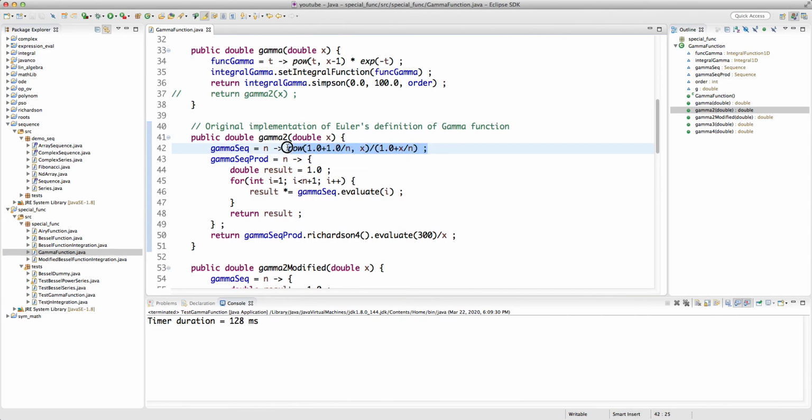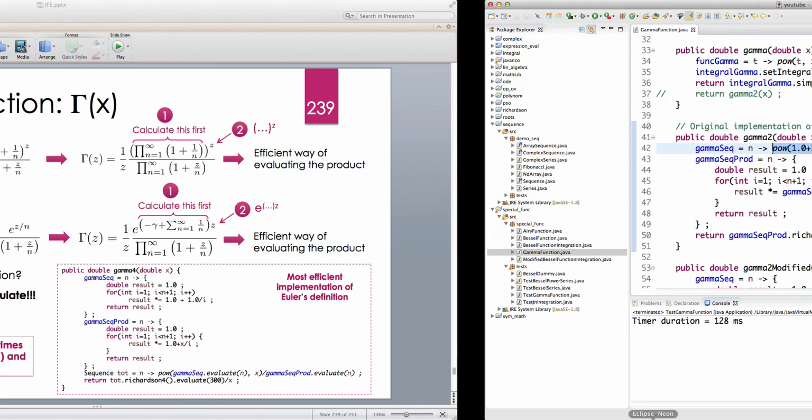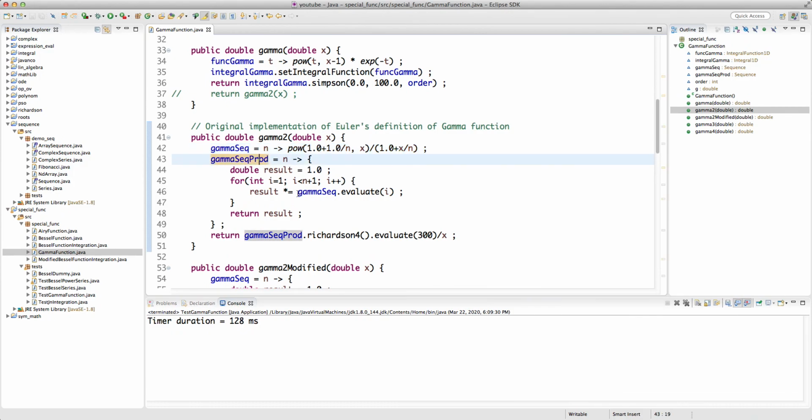That's what we're doing. And divided by 1 plus x over n. And again, this means we are evaluating each term of this product first and then multiplying them together. So this product just evaluates the terms and multiplies them, and then we accelerate the sequence, evaluate it at 300 and divide it by x.